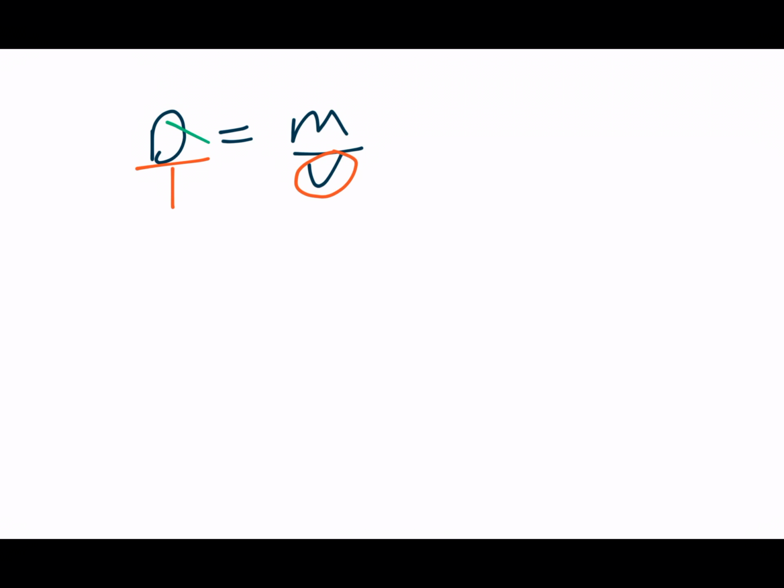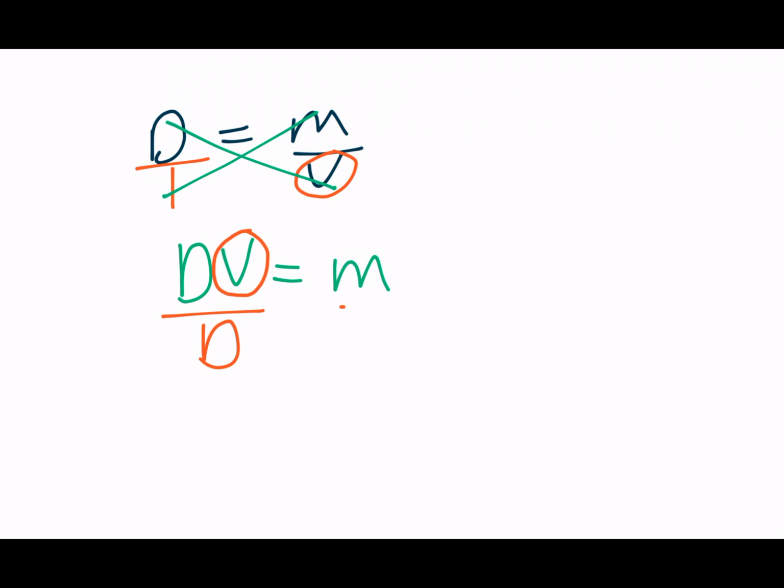You're going to cross multiply. So then you get dV equals m. Well, that doesn't do you any good. So now, how do I get the V all by itself? Since I'm multiplying, that means I must divide. All right? So then my densities cancel out on the left side, and I get V equals m over d.